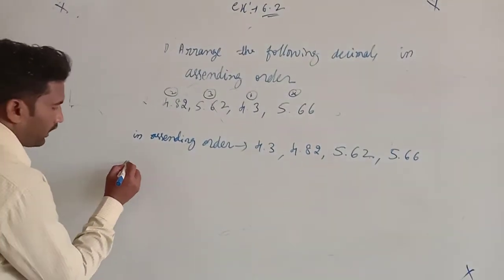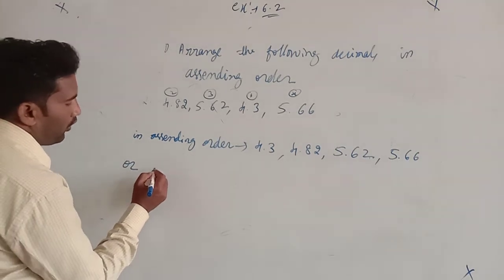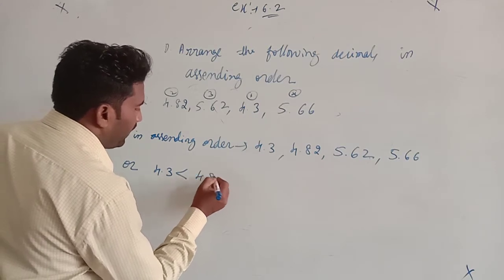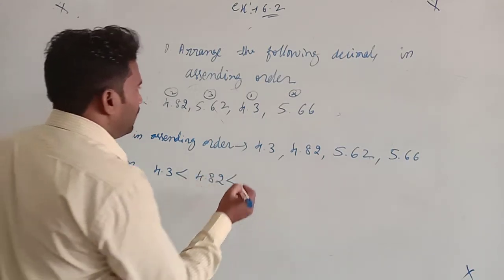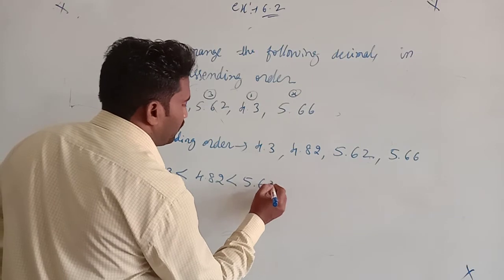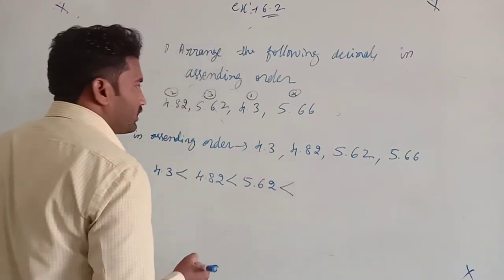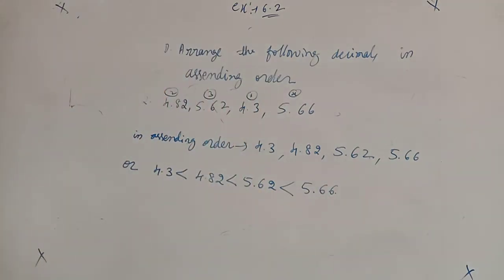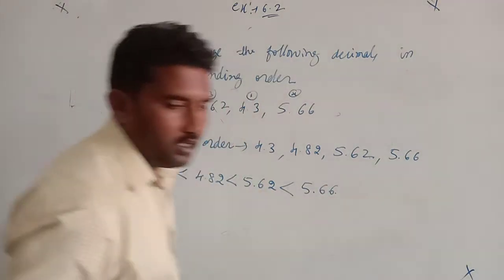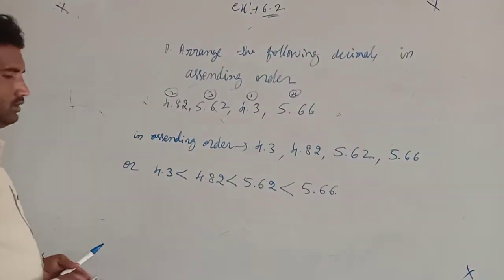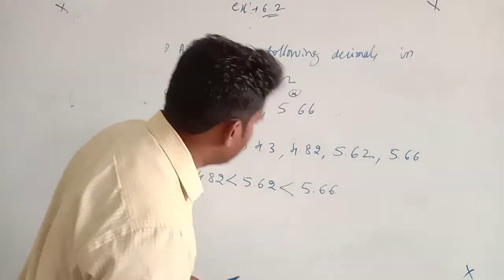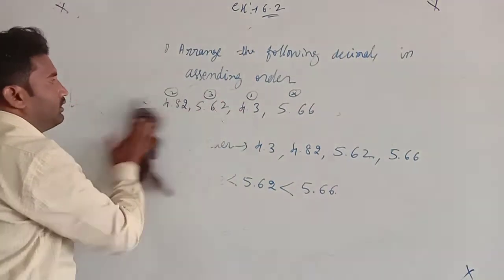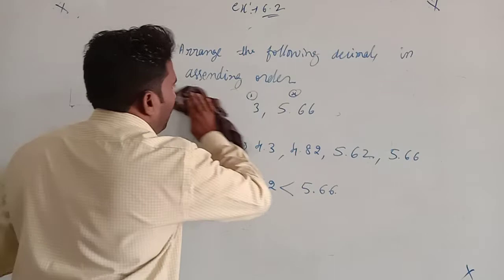In symbols we can write 4.3 is smaller than 4.82 is smaller than 5.62. 5.62 is smaller than 5.66. So this is in the form of ascending order. So next, another one is there for homework. The third one is for homework.